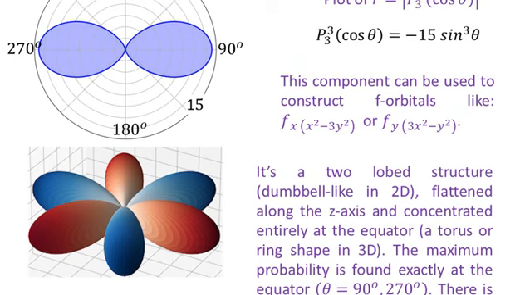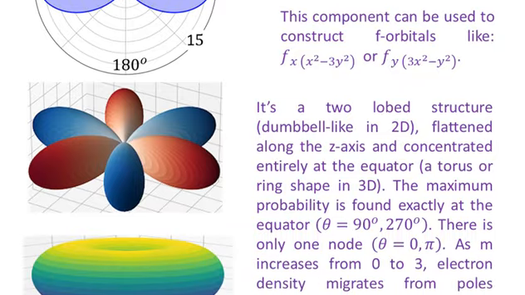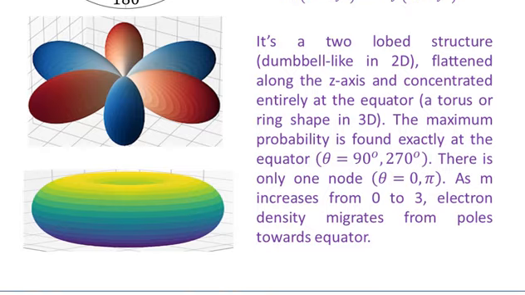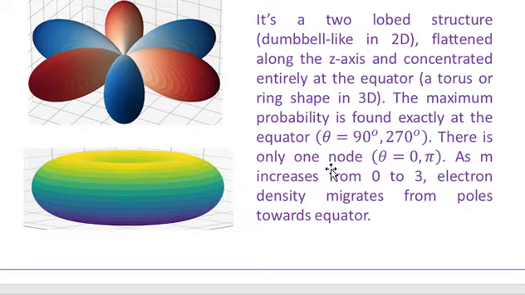So these are actually 3 nodes, or you can say one node repeated 3 times, and the value of the node is theta equal to 0 or pi. As m increases from 0 to 3, electron density migrates from the poles towards the equator. You can see this from the previous 3 cases.